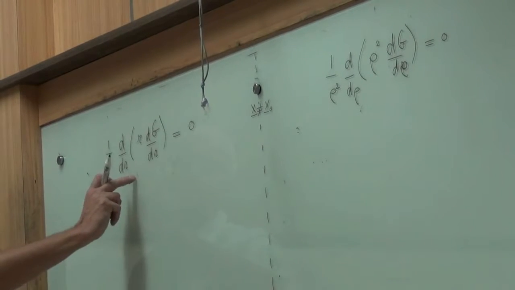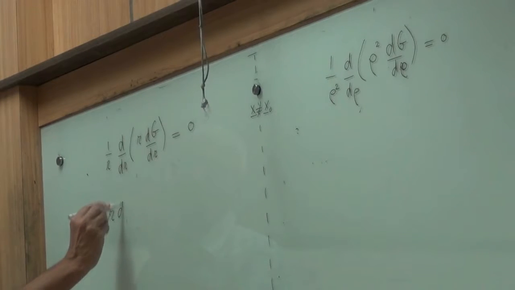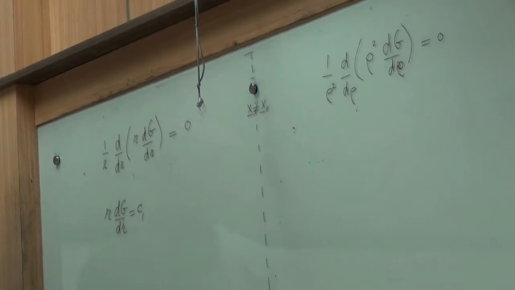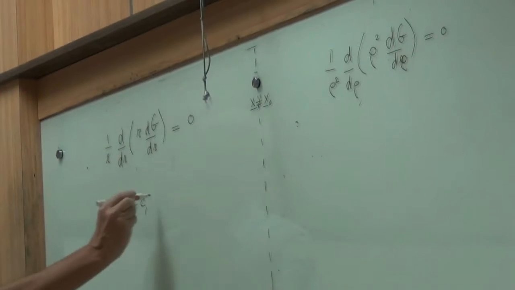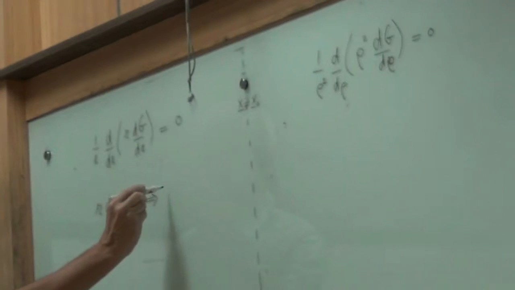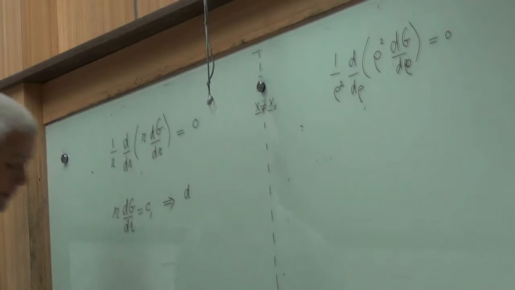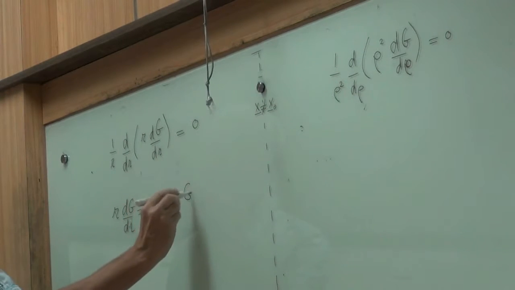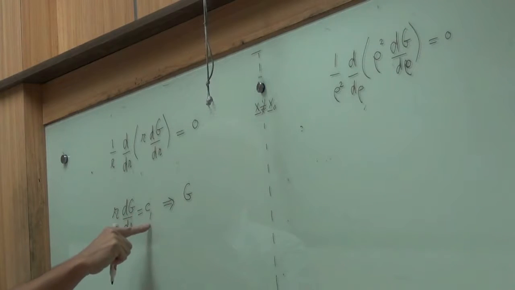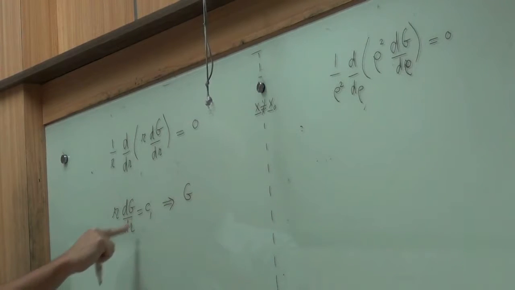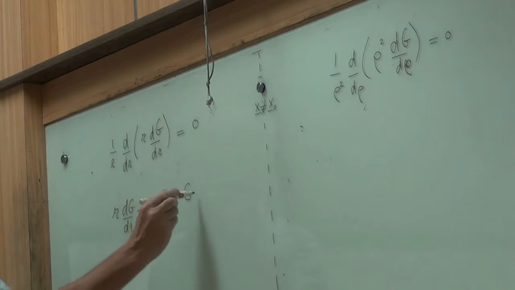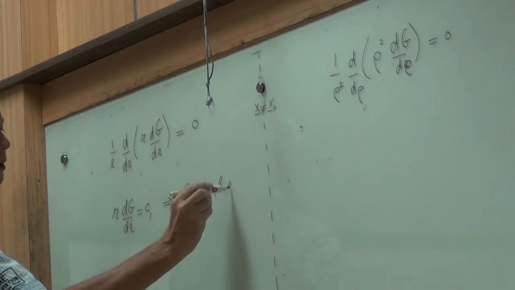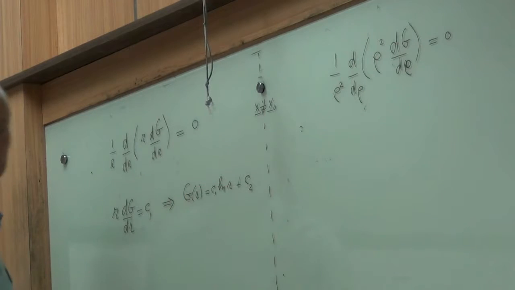Well, what do you get? r dG/dr is equal to a constant, C1. And then the next step, dG/dr is C1 over r, so I will get that G is C1 times the logarithm of r plus another constant C2.